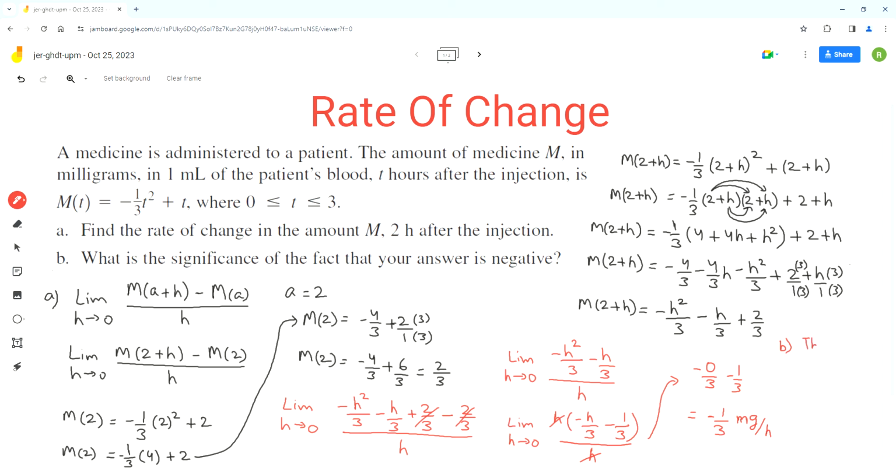So the negative sign implies that the amount of medicine is decreasing at the rate of 1 over 3 milligram per hour.